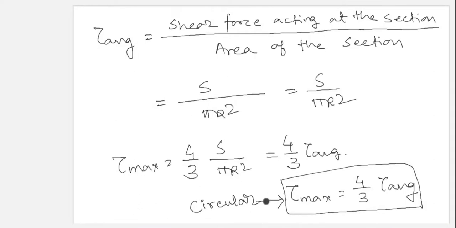What was the relationship between tau max and tau average for rectangular? Sir, tau max is 3/2 of tau average. That's why I said in the last class also that this is not unique or universal. This varies with the shape of the beam section we use.